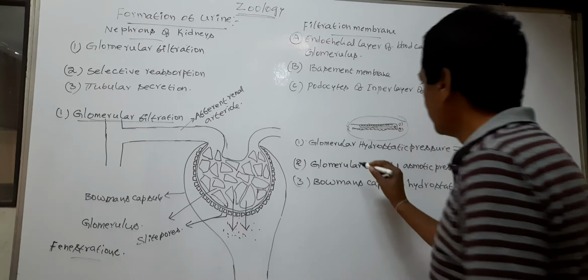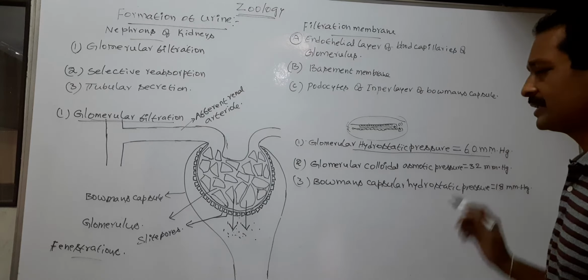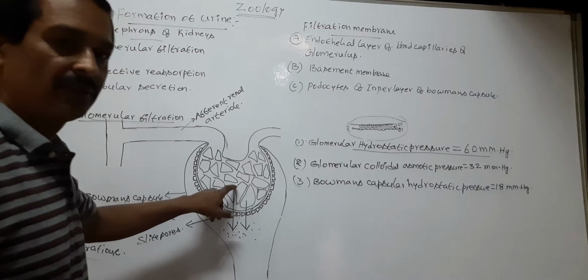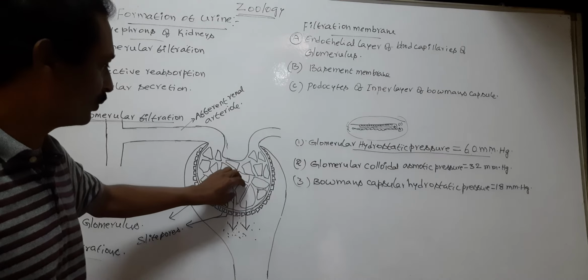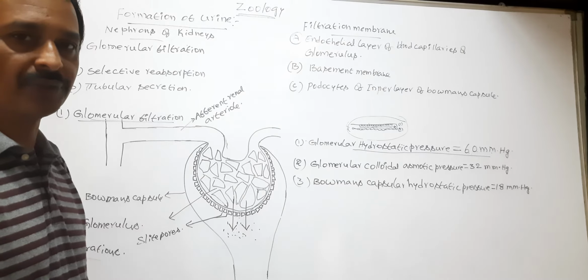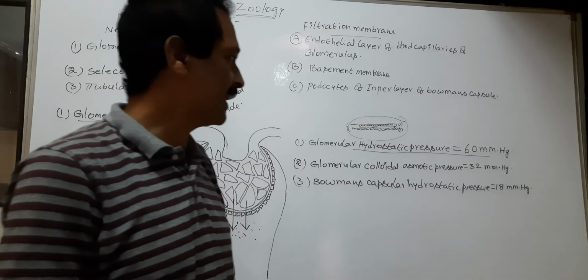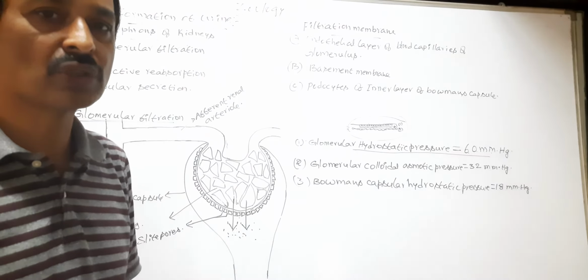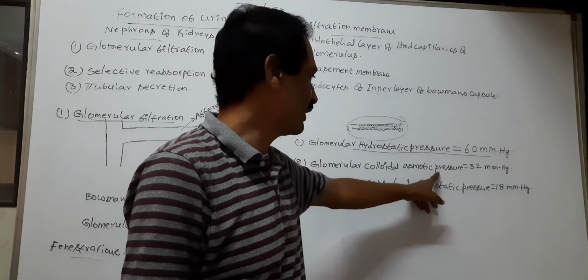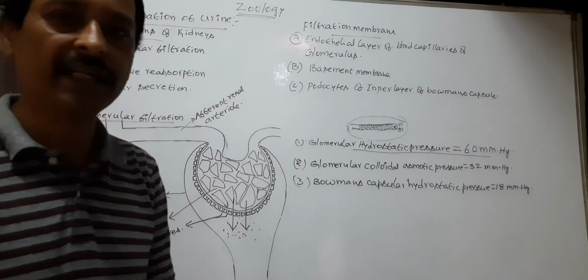Here, the glomerular hydrostatic pressure, 60 mmHg, helps in blood filtration from glomerulus into lumen of the Bowman's capsule. But the glomerular hydrostatic pressure is opposed by glomerular colloidal osmotic pressure and Bowman's capsular hydrostatic pressure.